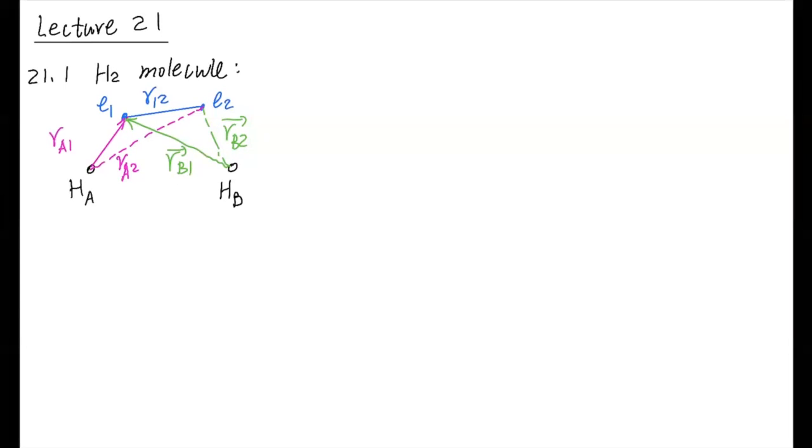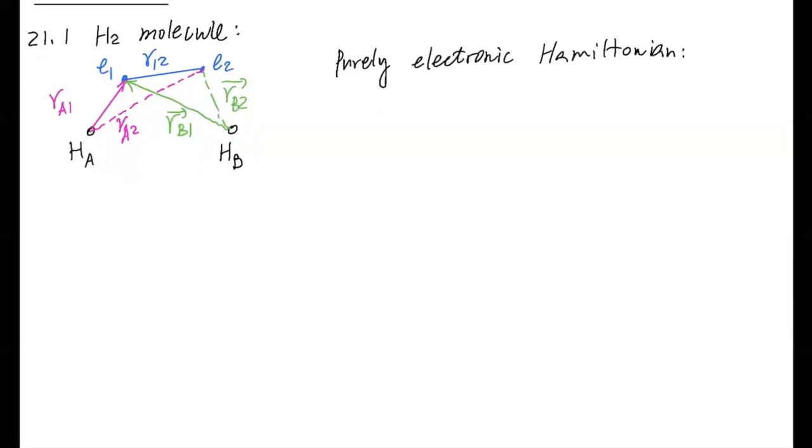Now, let's look at the purely electronic Hamiltonian. We use the Born-Oppenheimer approximation to fix the position of protons in space, and let's just focus on the motion of electrons.